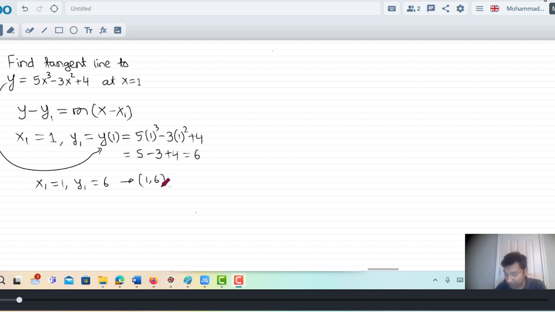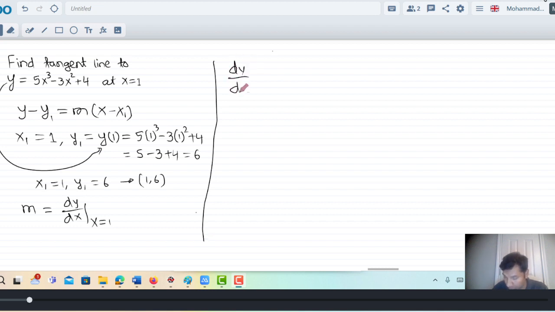Now let's find the slope. The slope m equals dy/dx at the given point x equals 1. Let's find the derivative. dy/dx equals the first derivative of the given curve, 5x cubed minus 3x squared plus 4.